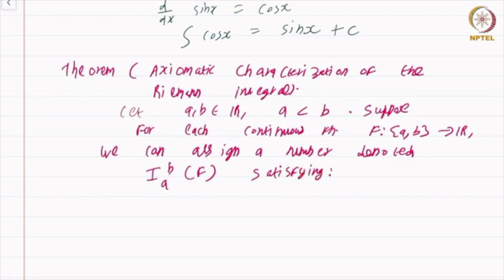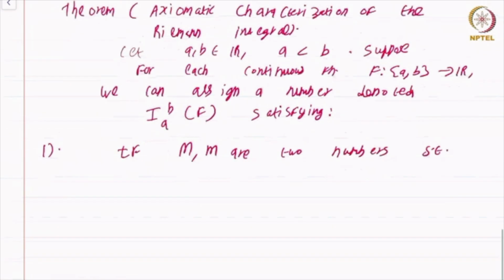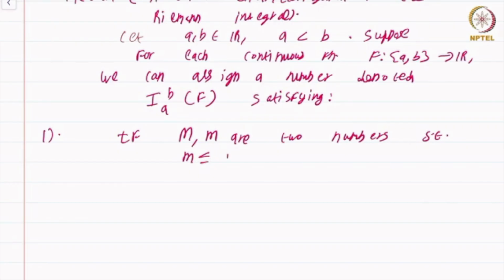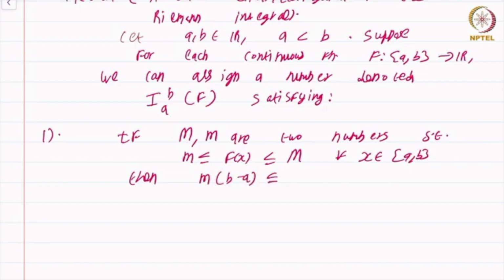The first property is that if m, M are two numbers such that m is less than or equal to f of x is less than or equal to capital M for all x in [a,b], then m times (b minus a) is less than or equal to I_ab of f is less than or equal to M times (b minus a). Okay.